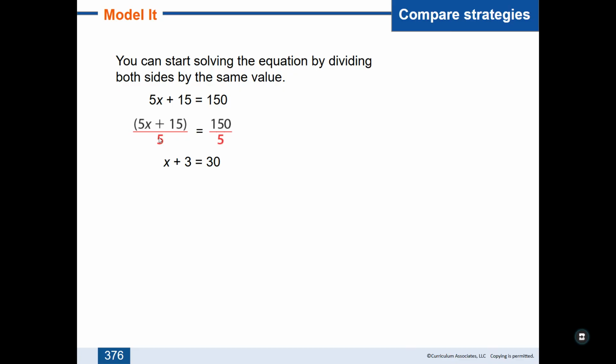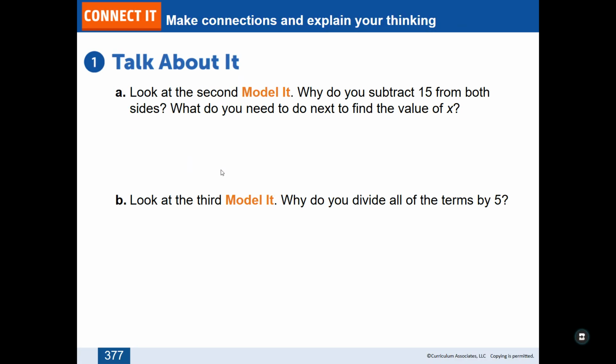And like I said, we're dividing each term in the parentheses by 5. So 5x divided by 5 gives us x, and 15 divided by 5 gives us 3. So x plus 3 equals 30. And then if we wanted to finish and solve it, we'd subtract 3 from each side and get 27.